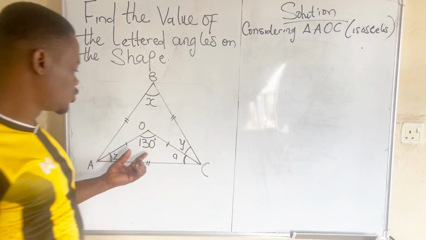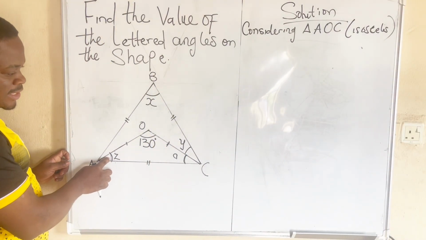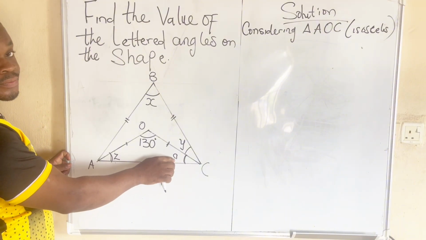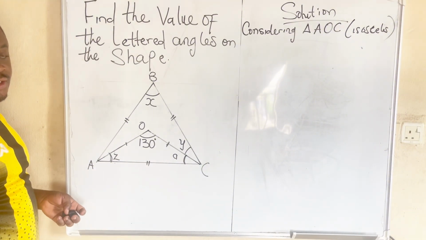So when we consider this triangle, angle Z and A are equal. The reason is that they are the base angles of an isosceles triangle.